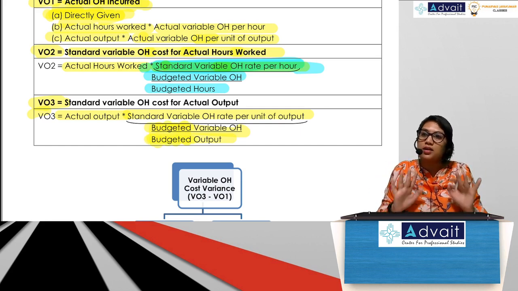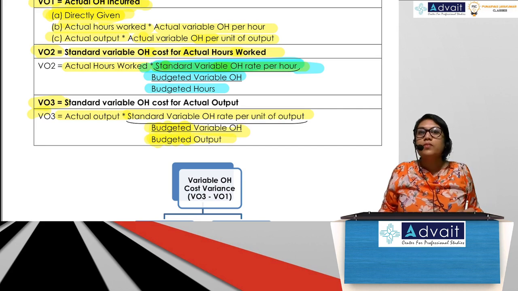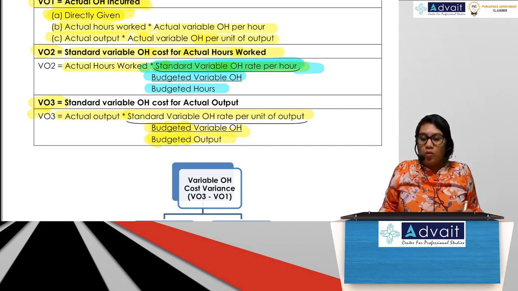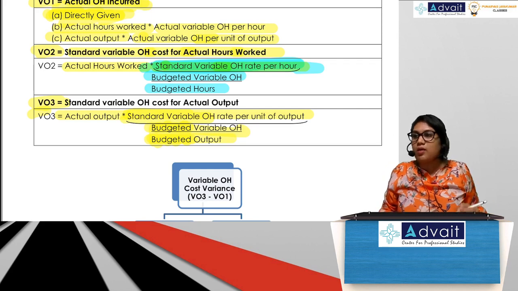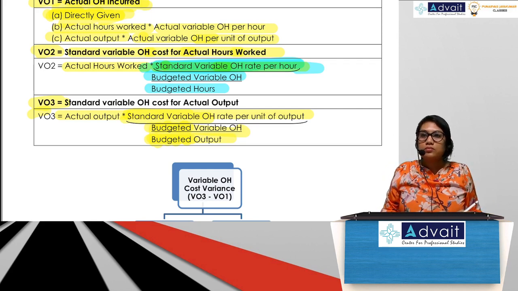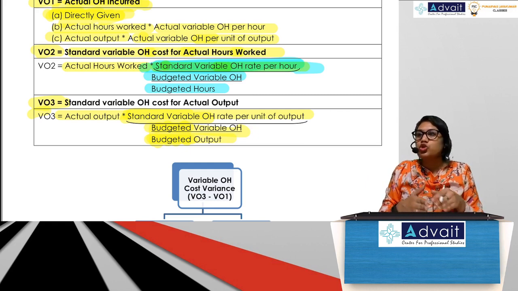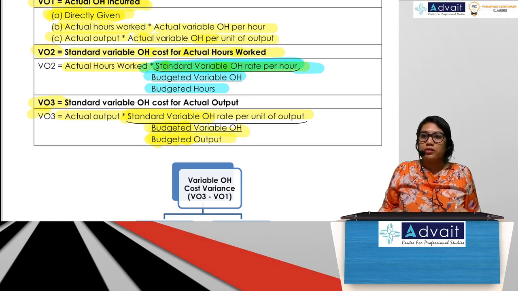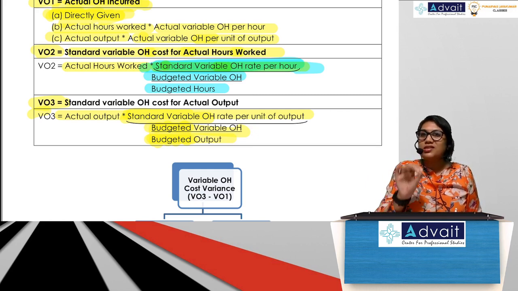Budgeted and standard are the same. Why? Because we're calculating standard variable overhead rate. So this is very, very simple. Variable overheads are just like material, copy paste, except for that M3 element. There is no division of actual hours in standard ratio. Otherwise, VO1 is like M1, VO2 is like M2, and VO3 is like M4.